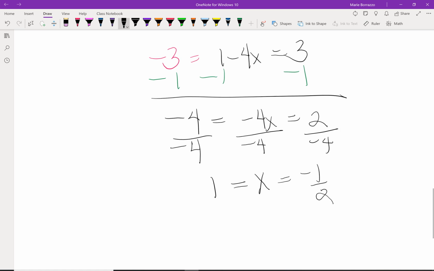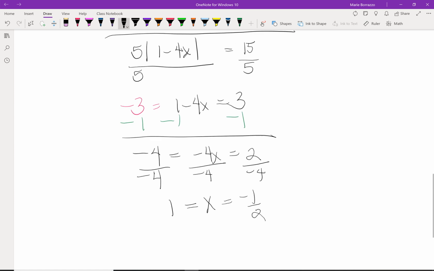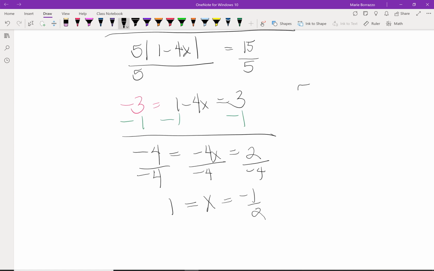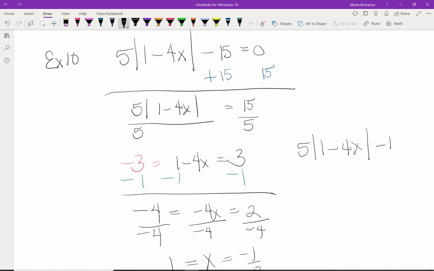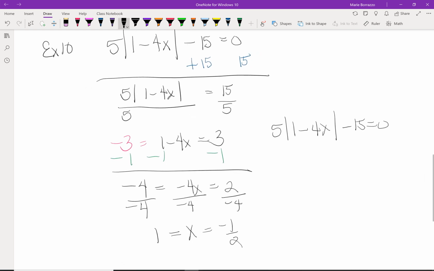Once again, take those two values. Let's go back, and we start with the original equation. Could do it verbally. We're missing the minus 15 equal to 0. Let's see if that's true. So if I plug in a 1 for x, I get 5 times the absolute value of negative 3, which is 3, times 5, right?